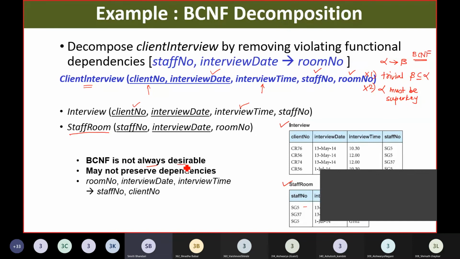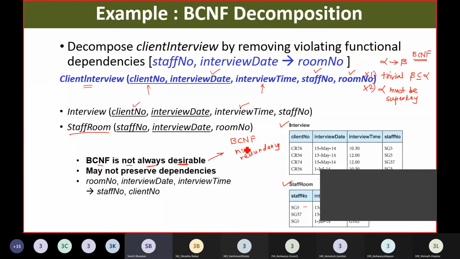BCNF is not always desirable. Why? What is the reason why I am saying BCNF is not always desirable? No doubt, if I am having the relations in BCNF, I will not be having any redundancy.